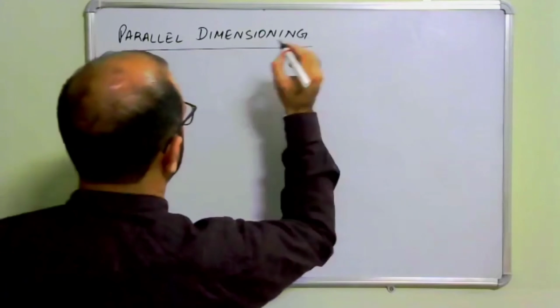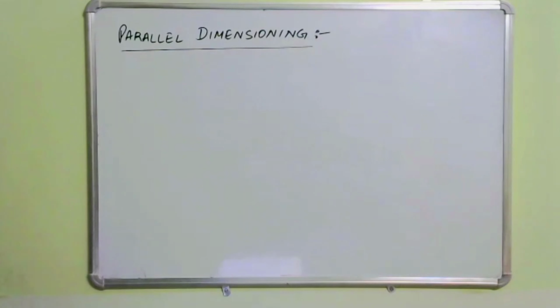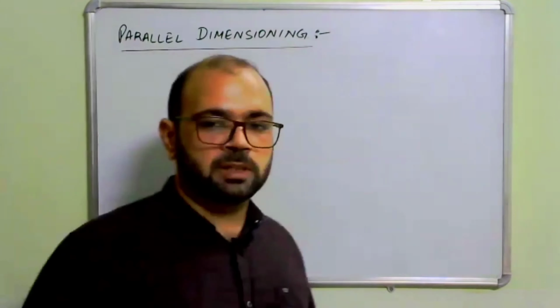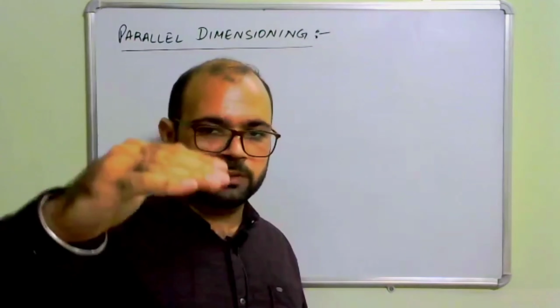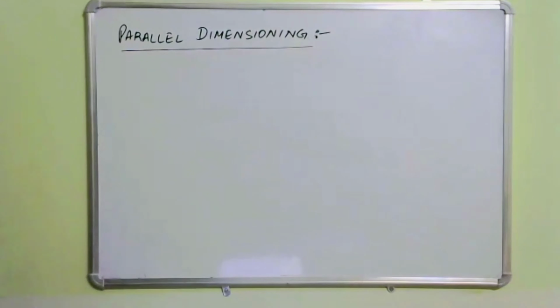Parallel dimensioning means you have an object in which the dimensions are parallel to each other. The dimension lines are parallel to each other. So how will we draw this? Just see.